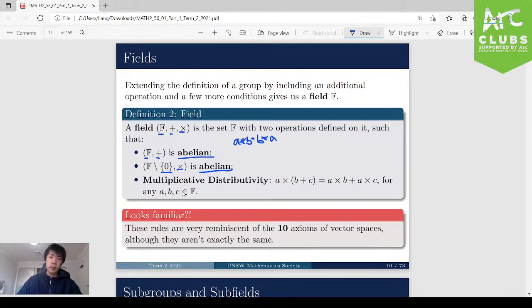Okay, and finally, it has to satisfy the multiplicative distribution laws. So for example, A times B plus C gives you A times B plus A times C. Okay, so it may seem like there is less to prove than a group, because there's only 3 dot points here, but in reality, there's quite a lot more to prove than a group, because for each one of these first 2 dot points, you have to firstly prove that these things are abelian groups before we can proceed. Okay.